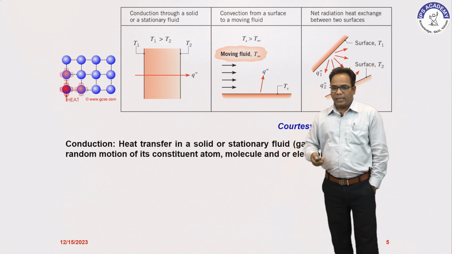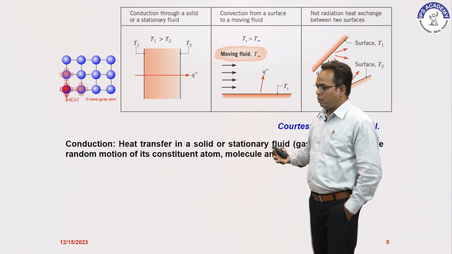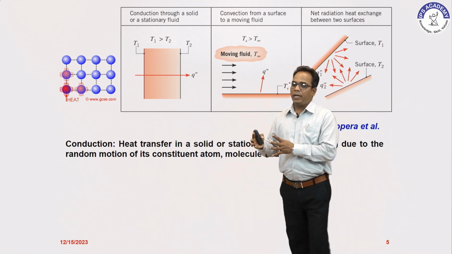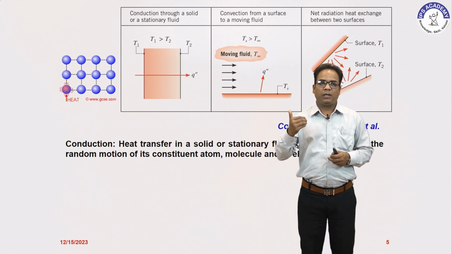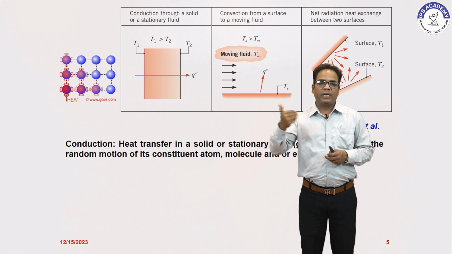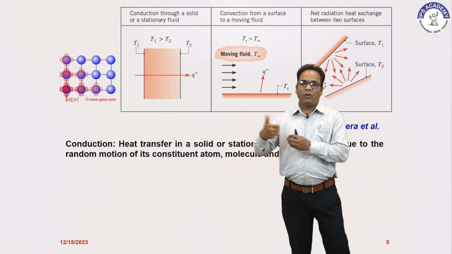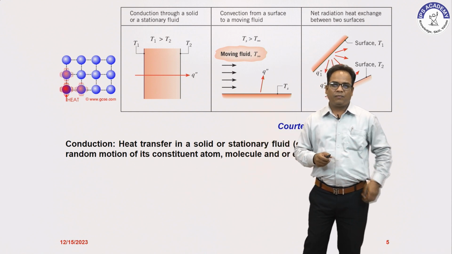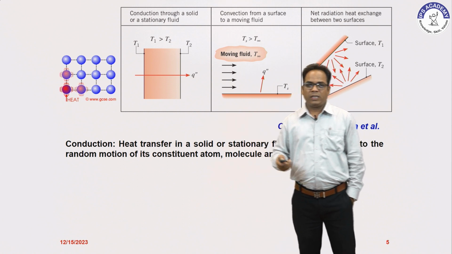Conductive heat transfer occurs in solids and fluids, or also in gases. In solids, lattice vibration is the main factor responsible for transferring the heat, whereas in liquids, fluids or gases, the random motion of molecules is the main cause of heat transfer, right?